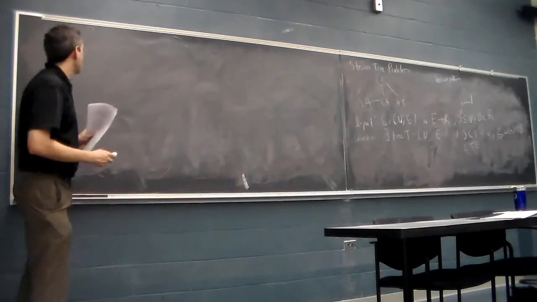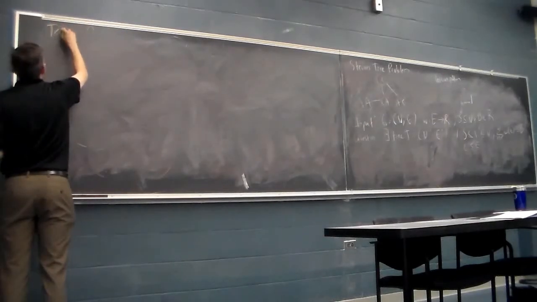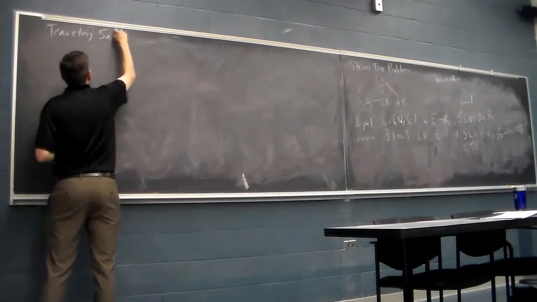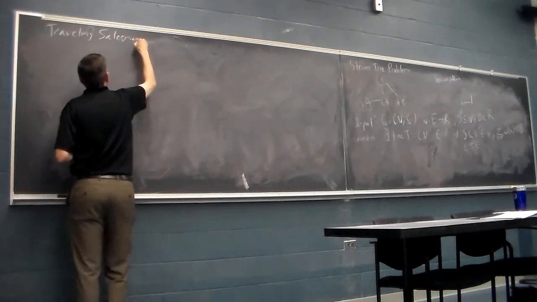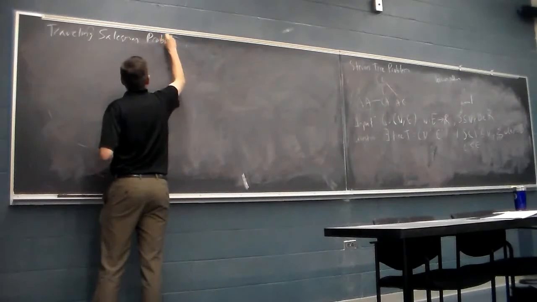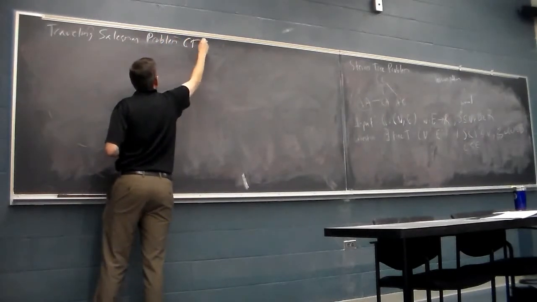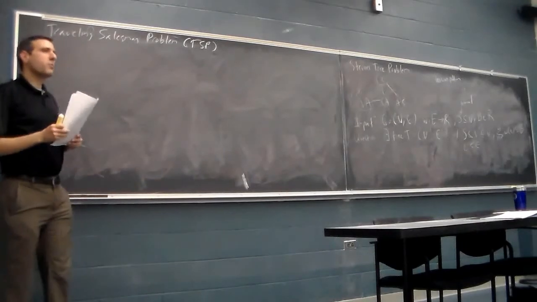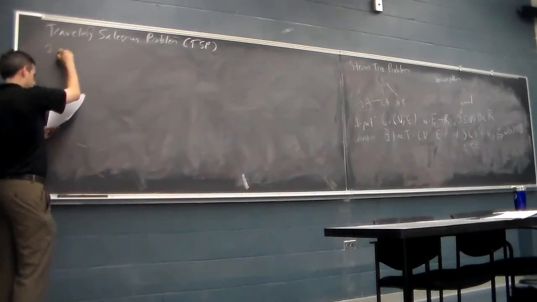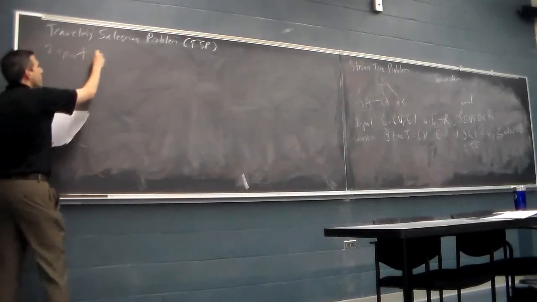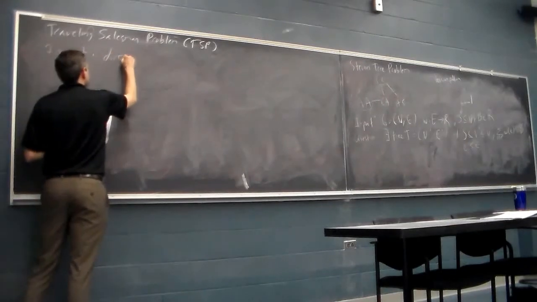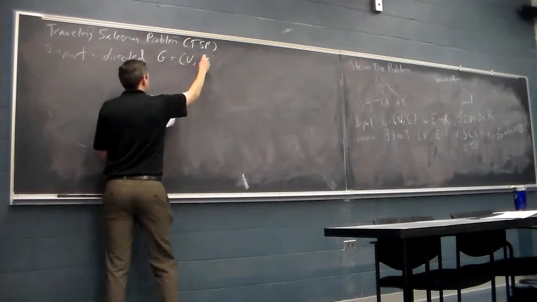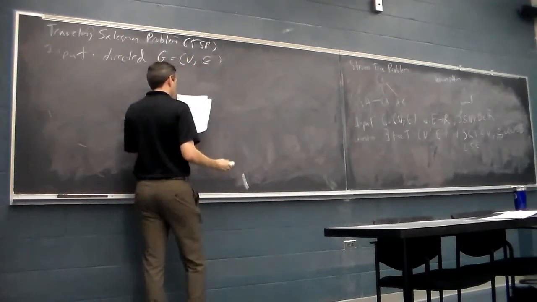So one of the best known of these is something that's commonly called the traveling salesman problem, or the TSP problem. And in this problem, we would have as our input a directed graph, a vertex set and a directed edge set.